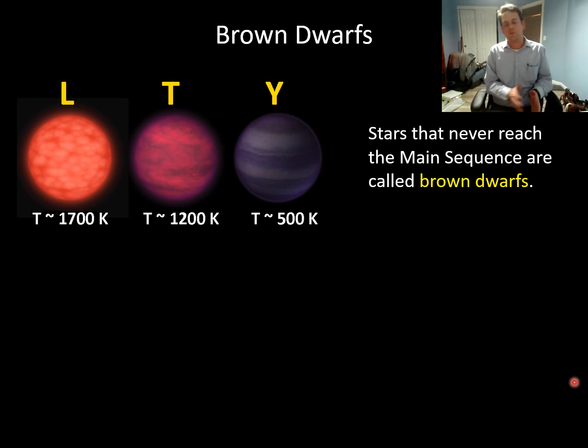Just like we have different classes of stars, we have a few classes of brown dwarfs of different temperatures. And just like with stars, those temperatures depend upon the mass, because the reason these things got warmed up is because of the gravitational energy.